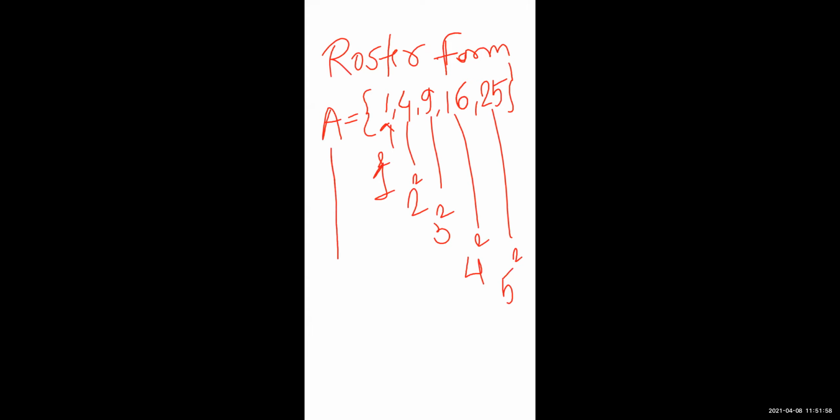We will write the same set A, and open the curly bracket, and every element, we are considering every element X. Every element is X, such that this X is the square of a number. Till here you understood?